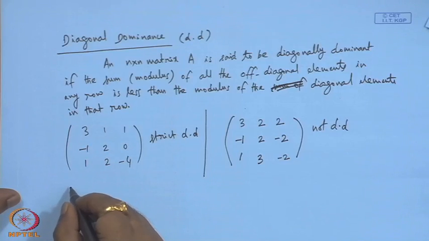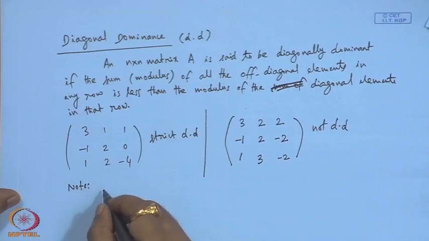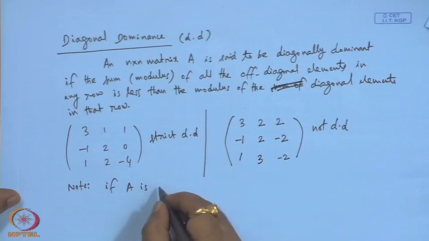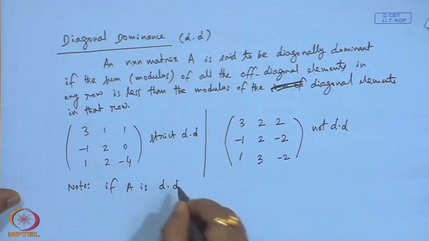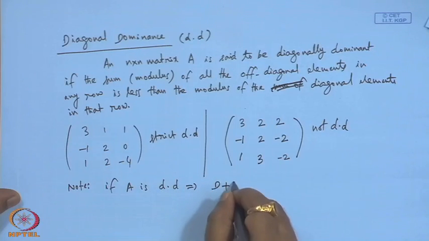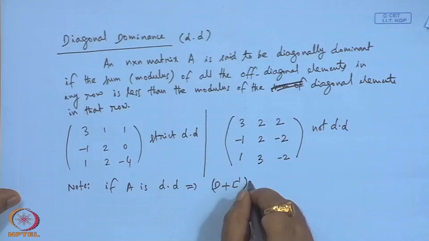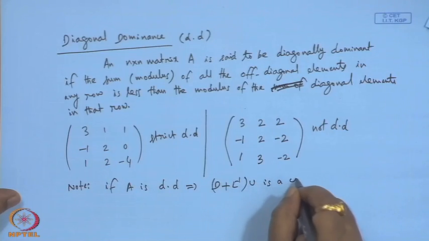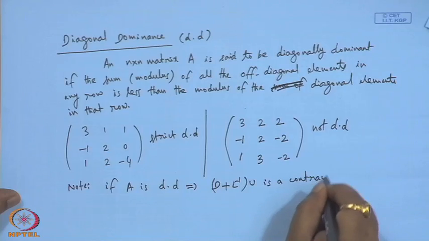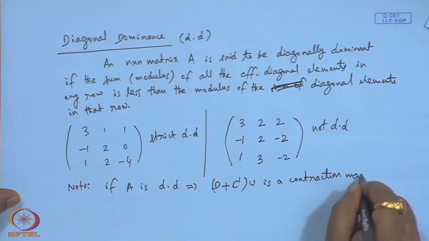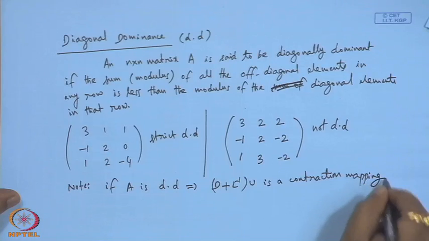So, one property, okay, if A is diagonally dominant, this implies U is a contraction mapping. Okay.